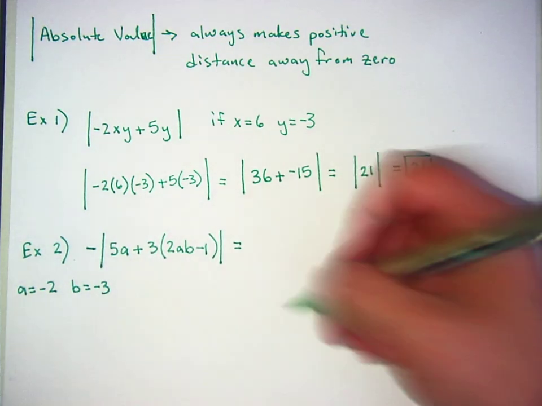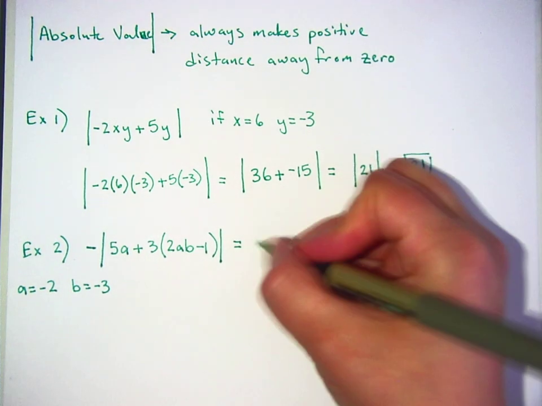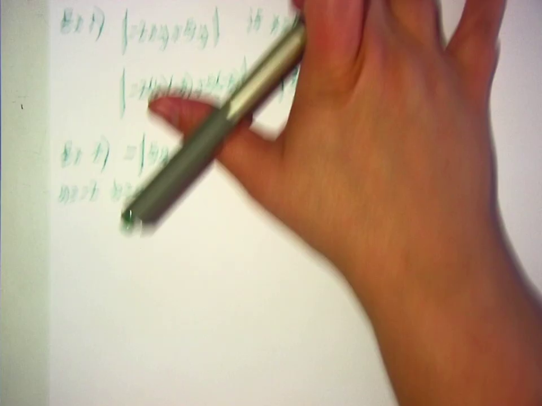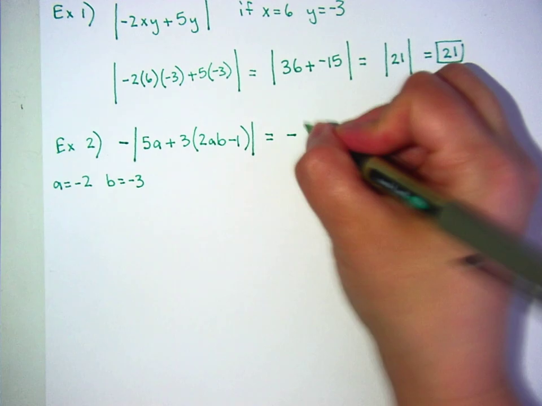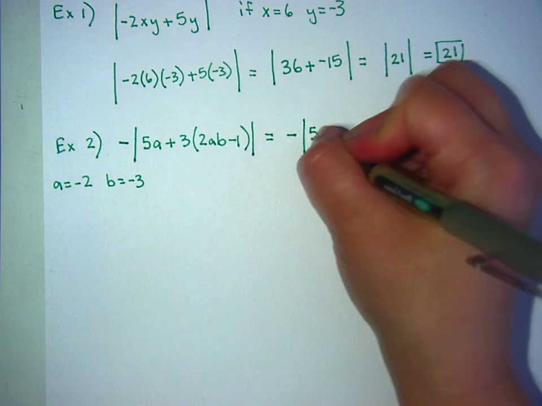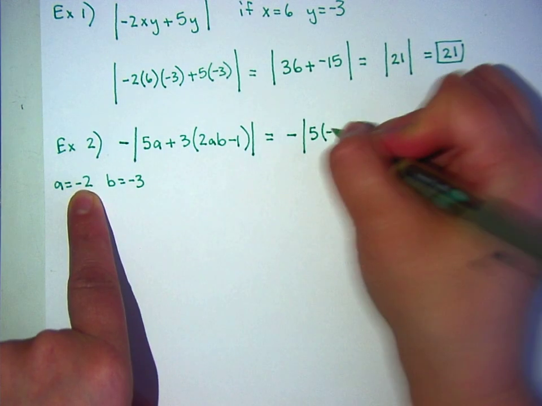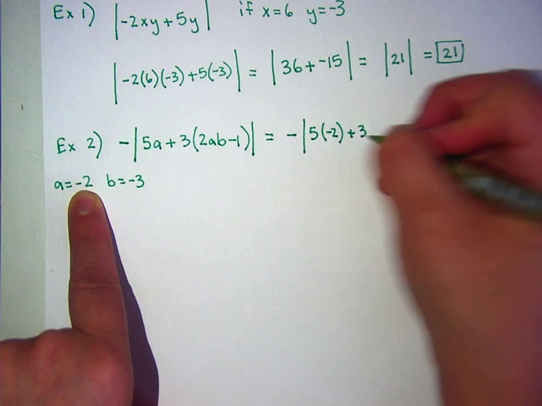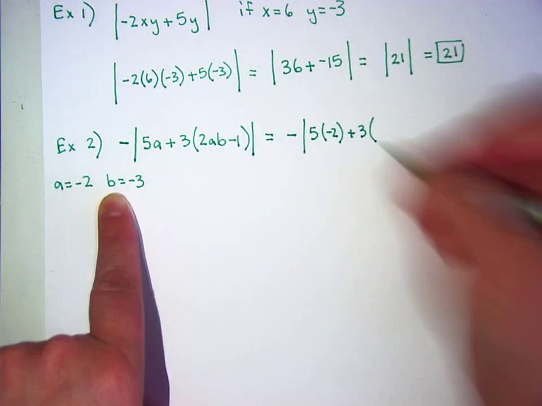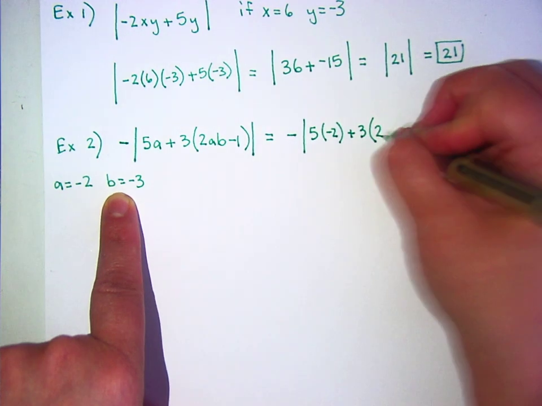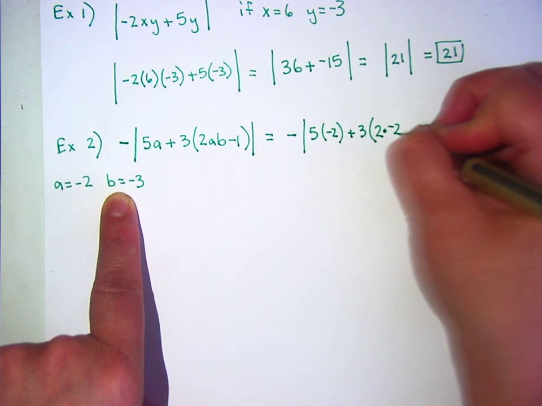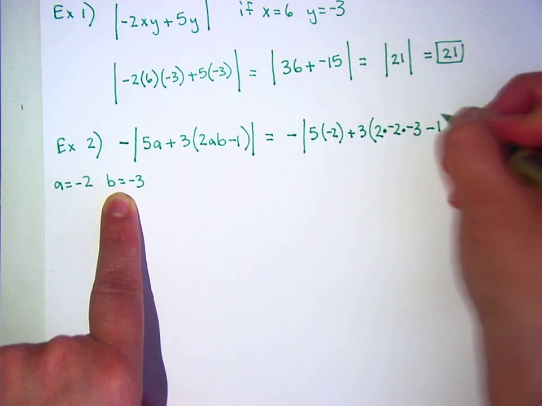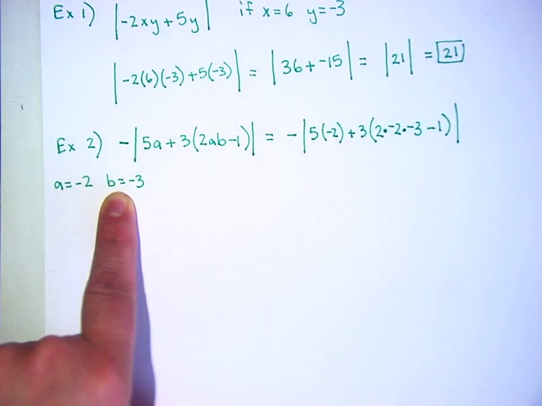All right. So I'm going to start by just copying this down. Absolute value, 5 times negative 2. I'm just writing it all out right now. 2 times negative 2 times negative 3 minus 1, parentheses, absolute value.